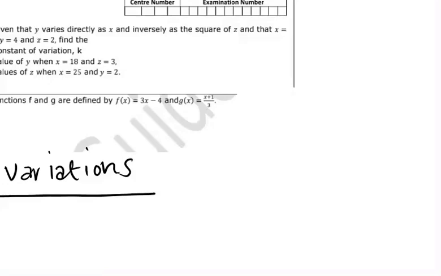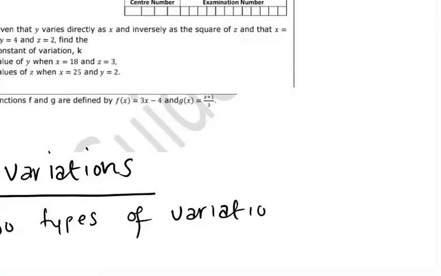So variations is just a change. If something is varying, meaning it's changing with respect to time. We have two types of variations in grade 12 mathematics standard.